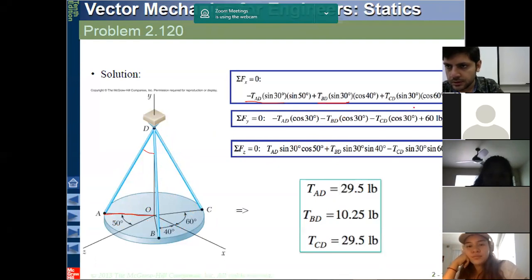So T sine would give you the projections of the forces on the XZ plane. And then you multiply by another sine or cosine factor to get the projections. You just have to look at the geometry, like here.